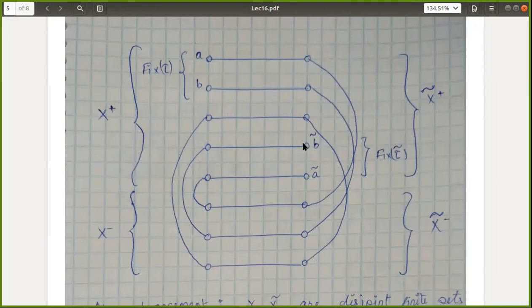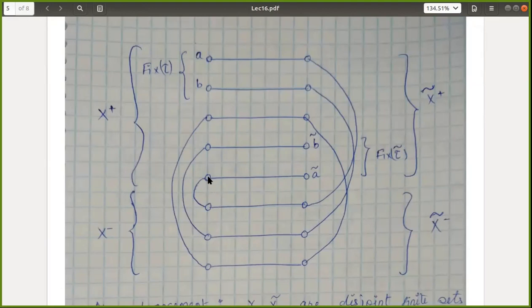Further, you put the edges which are given by involutions. So there is an involution which acts here, and there is an involution which acts here.